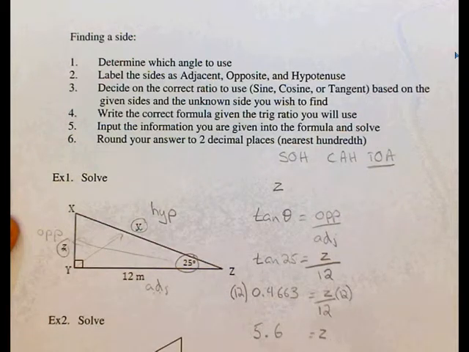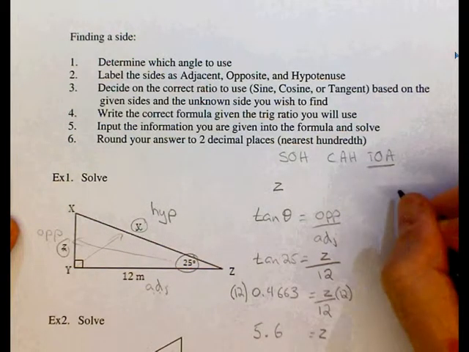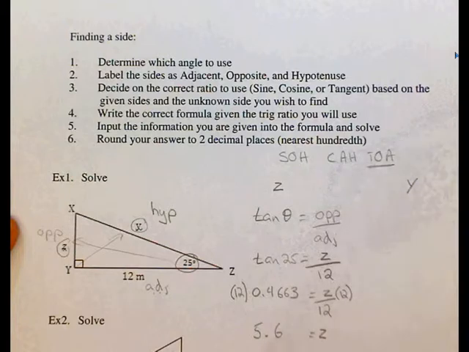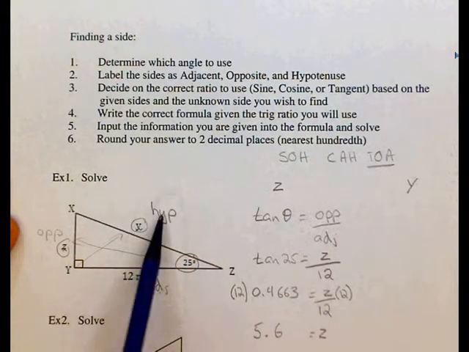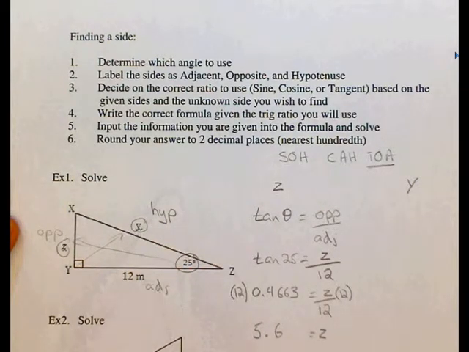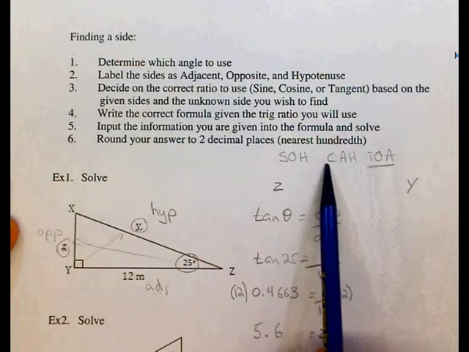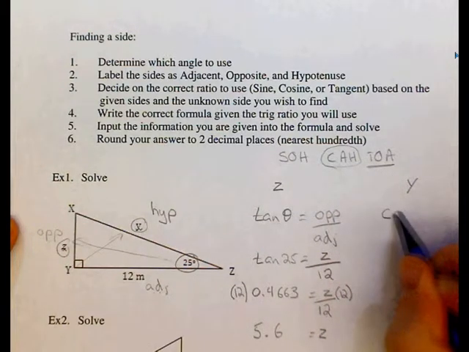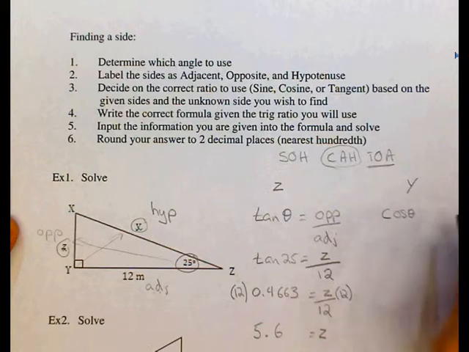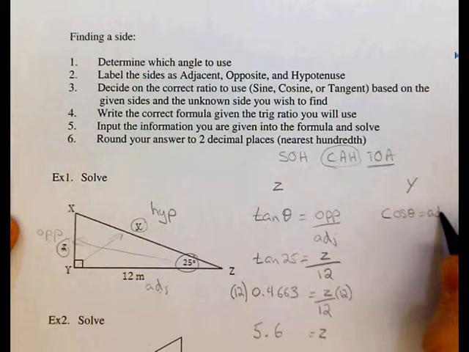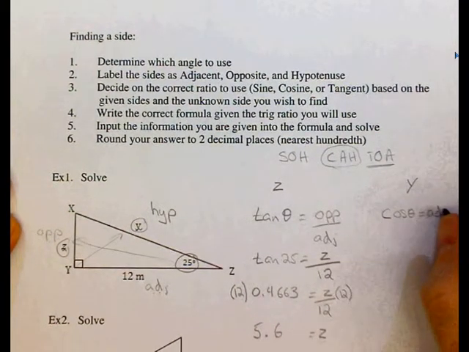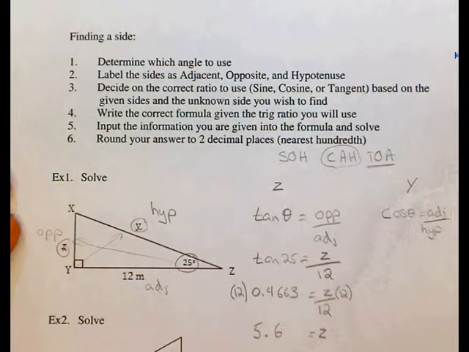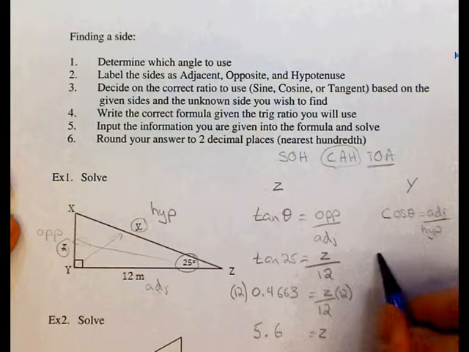We still have to do y. So let's look at y. Y has my hypotenuse and my adjacent. Which has hypotenuse and adjacent? Well, it's the cos. Cos of the angle equals the adjacent divided by the hypotenuse. Let's substitute in.